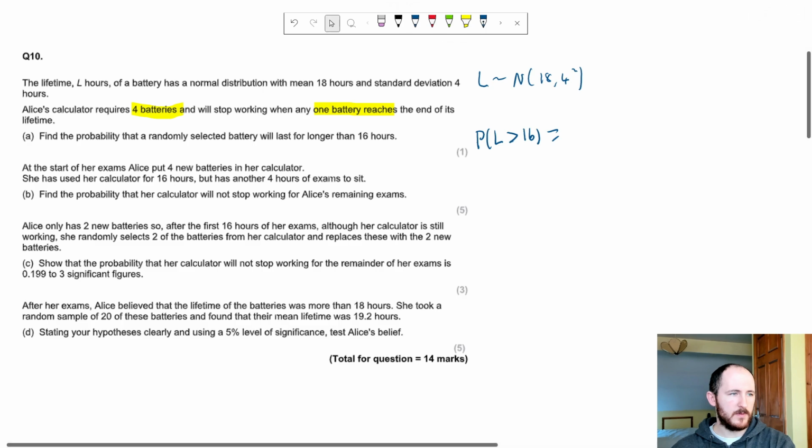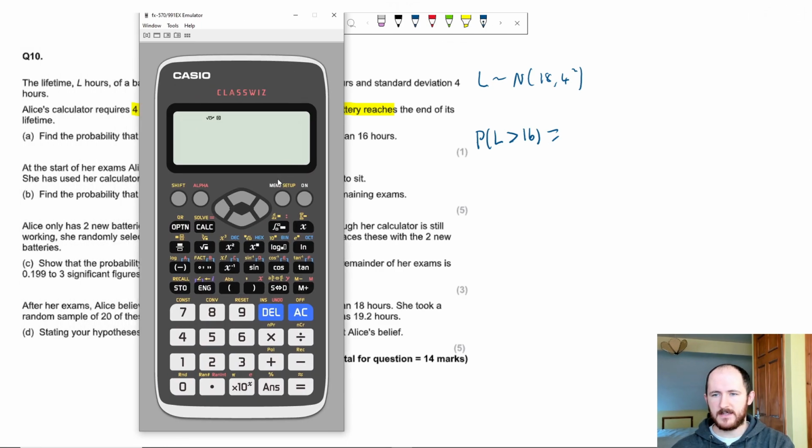Which, if you're doing that on a normal distribution, is quite nice. You just go to your menu, you find wherever your distributions are. Then you do the normal cumulative distribution, and you enter in your values. Now, the lower value is, of course, where we're starting from, which is 16. The upper value, you just need to enter in a really, really big number.